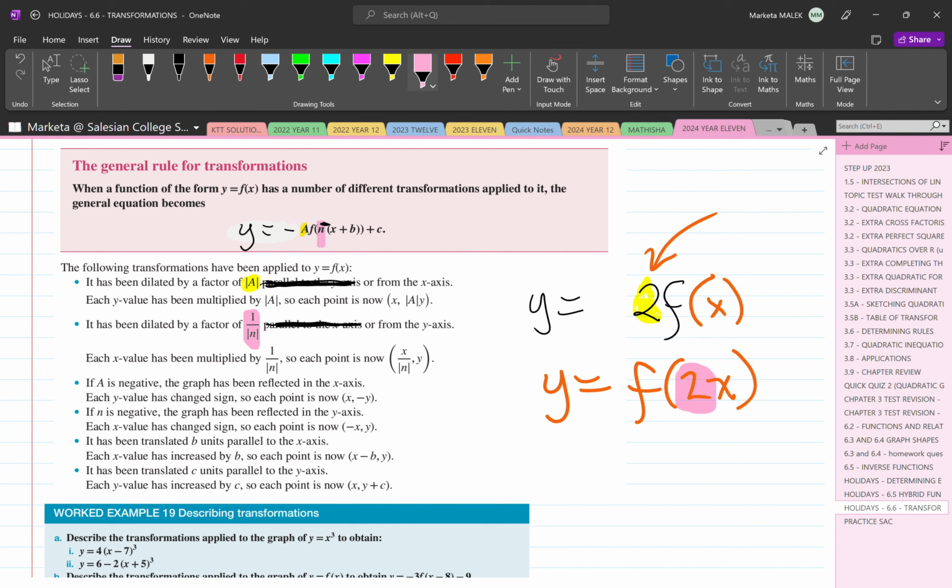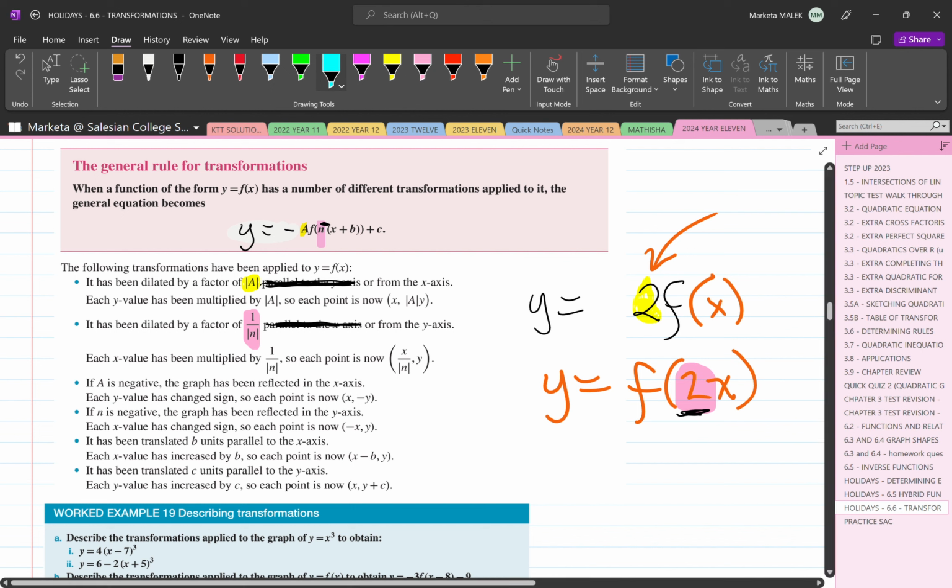And in the previous video, I also mentioned that x comes before y in the alphabet. So we can say that the first position that we can have a dilation, that A, is to do with x, dilation from the x-axis. The second position where we can have a dilation, it's to do with y, because y is second in the alphabet there.